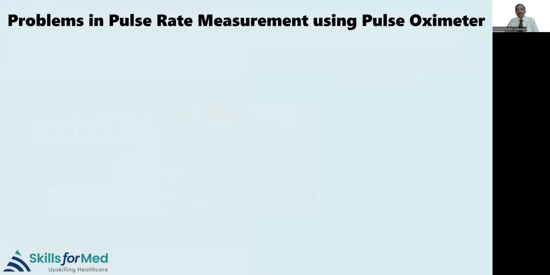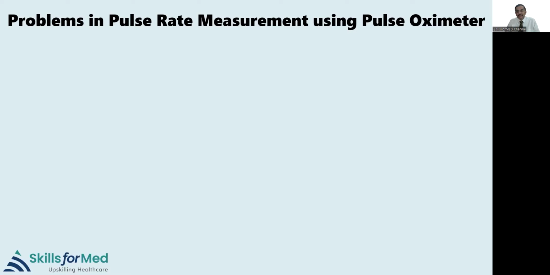Nowadays, most of the time we don't actually feel the pulse, which is actually very sad. Feeling the pulse gives that healing touch which the patients expect us to have. So it has become very impersonal now with just putting those pulse oximeter probes.